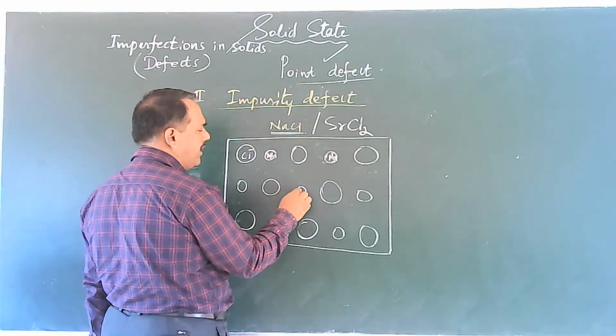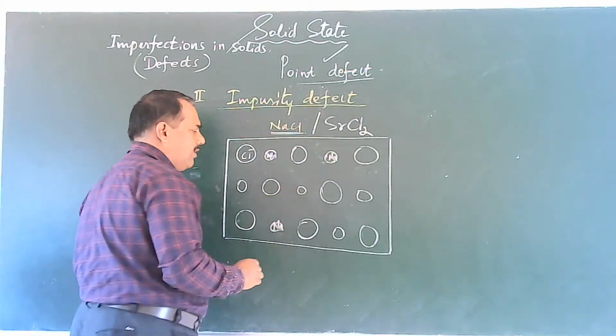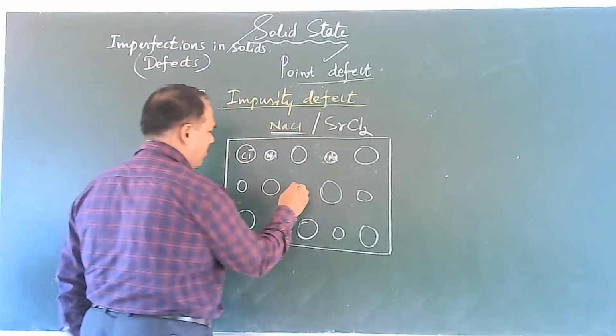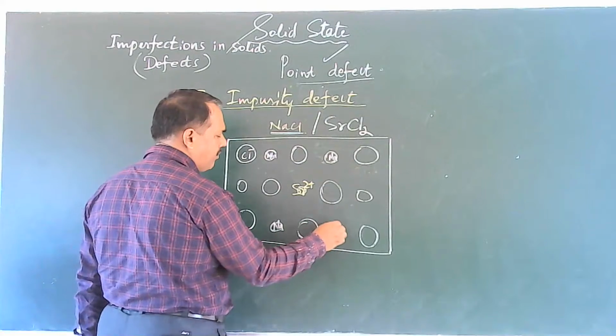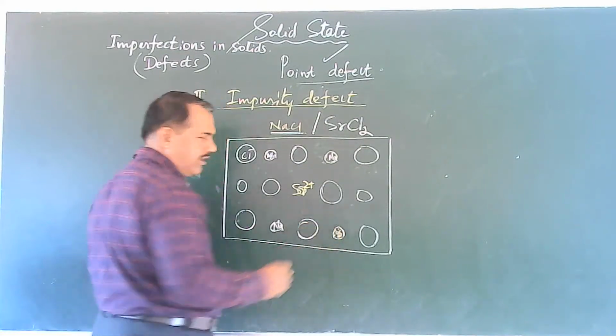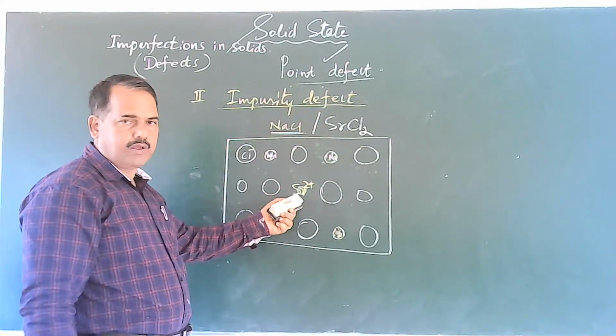These are sodium ions, and one is replaced by a strontium ion, Sr2 plus, and another becomes vacant due to its charge.